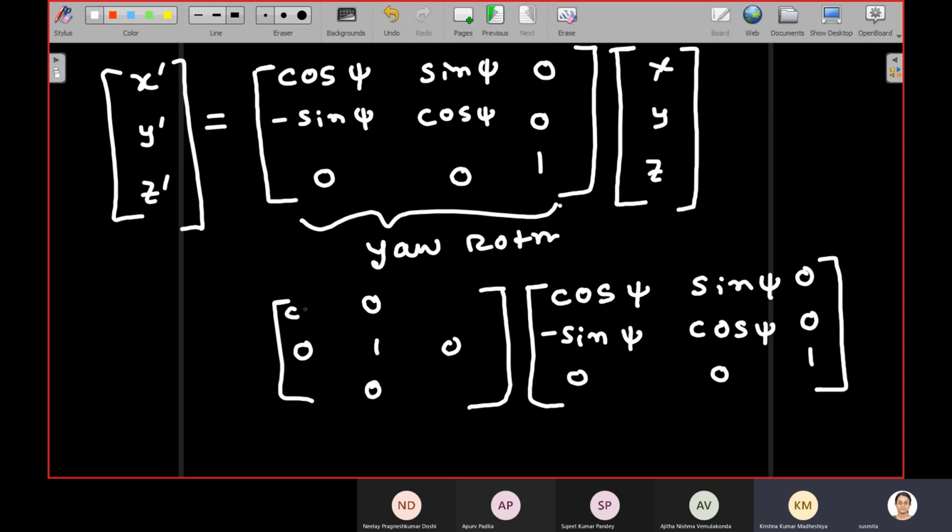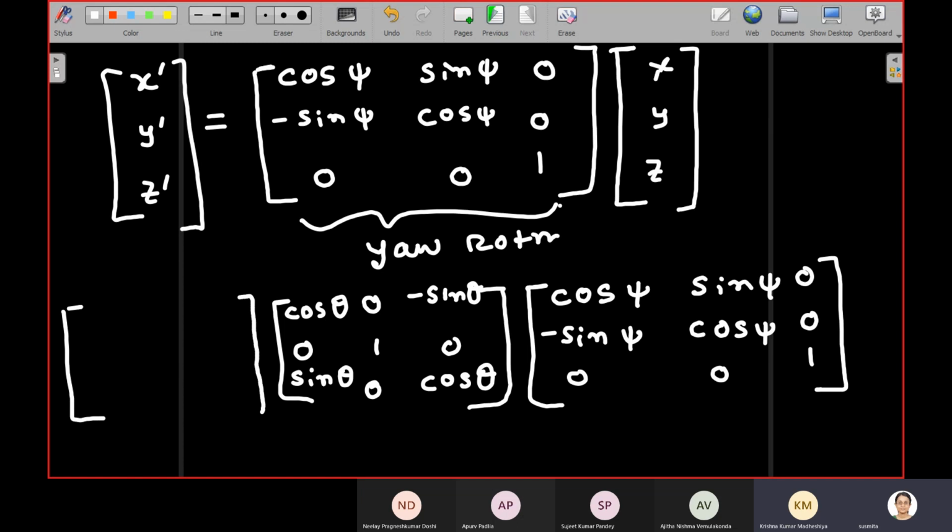Cos theta, minus sin theta, sin theta, cos theta. You need to draw those perpendicular lines properly, okay? Then only you will be able to do this.